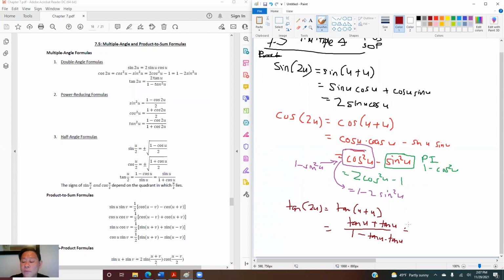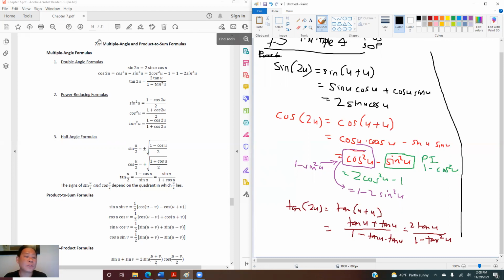So here you got 2 of them, you get 2 tangent u. And then this you multiply, you get 1 minus tangent squared. So that's why we get this formula. So this is how we do your double angle formulas, and they're very important. And this is how we prove it.